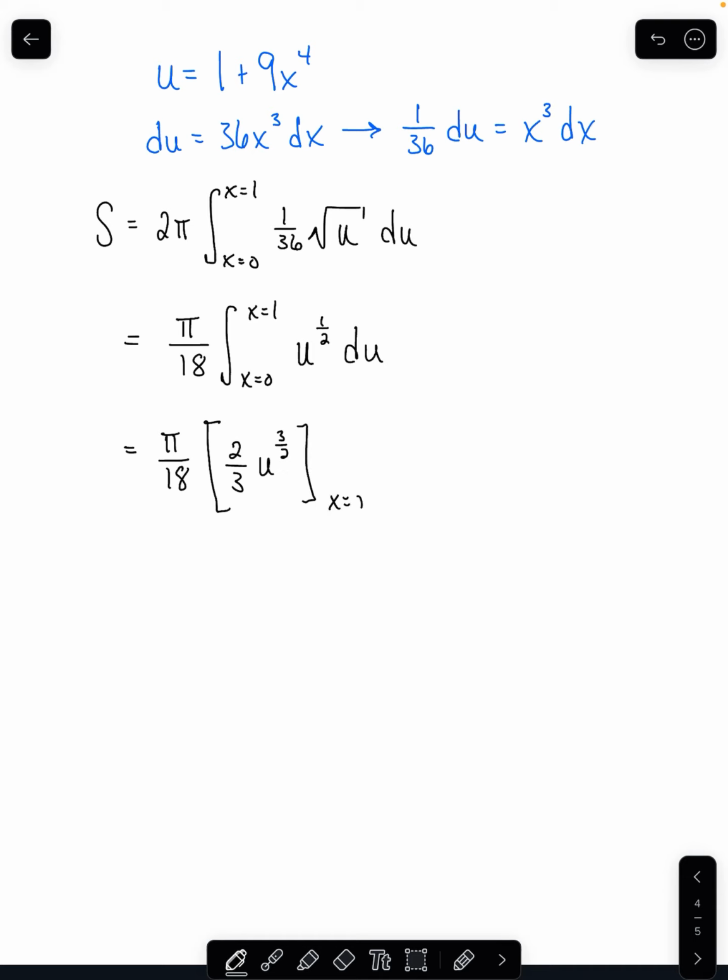And again, this is still at x equals 0 and x equals 1. So we either would need to convert the limits of integration to u values, or return the antiderivative to be in terms of x, whichever you prefer, whichever works for you.